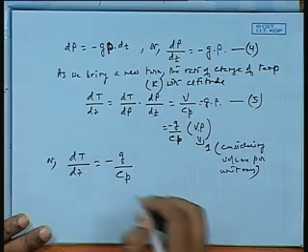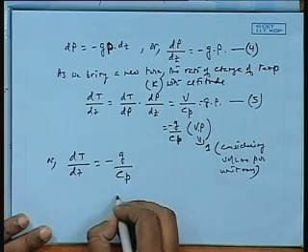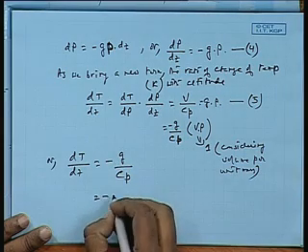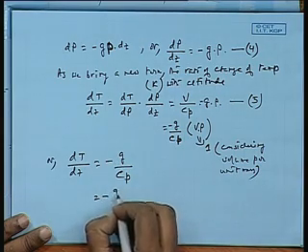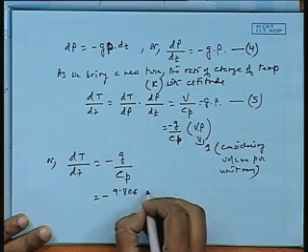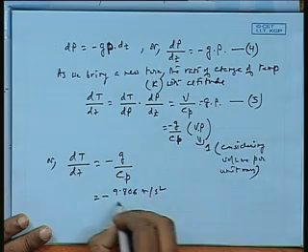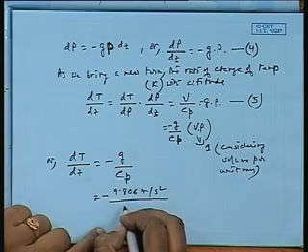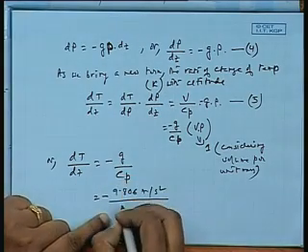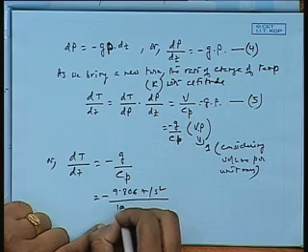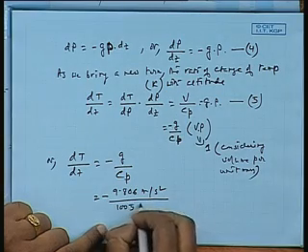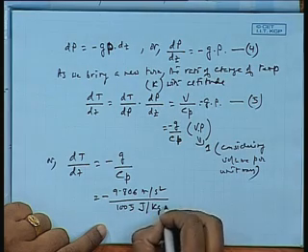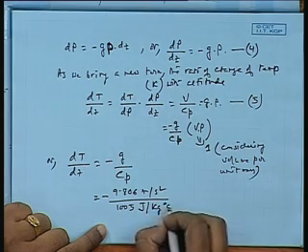As you can see, in the first case, if you just give the value here, g is equal to 9.806 meter per second square. That is the typical value of g that you know of, and I have already said cp is equal to 1005 joules per kg degree centigrade.